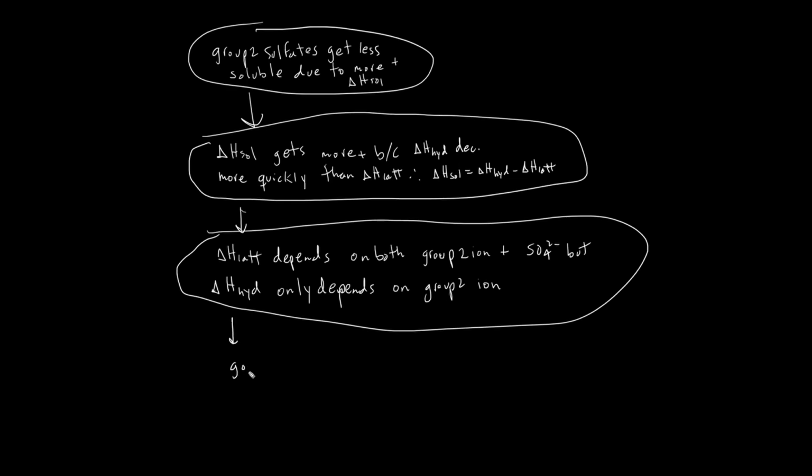Going down group 2, ions get larger, which means that charge density, so I'm going to put a slash here, charge density gets smaller.